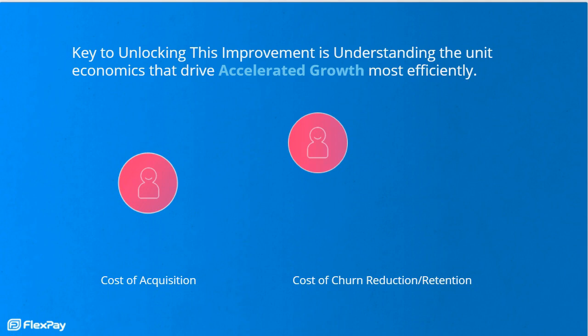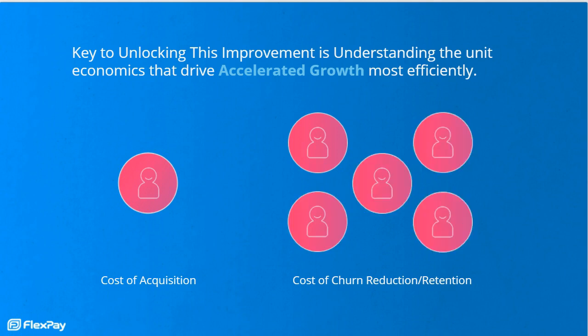Of course, there is acquisition costs, right? You bring new customers in. The cost of acquisition for subscription businesses is typically 4, 5, 6, 7 months of billings, so it's reasonably expensive. And we also have churn reduction, or reducing the rate of customers that leave your business, or increasing retention, and the cost of reducing that is the other factor.